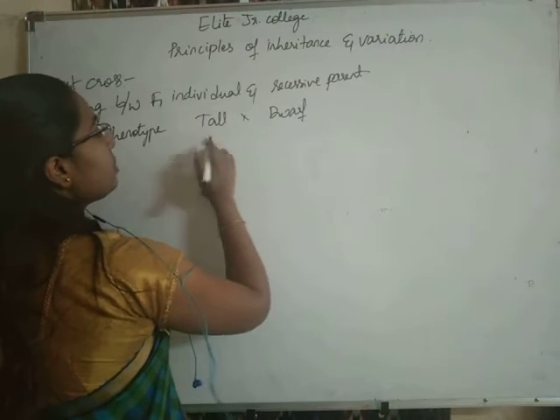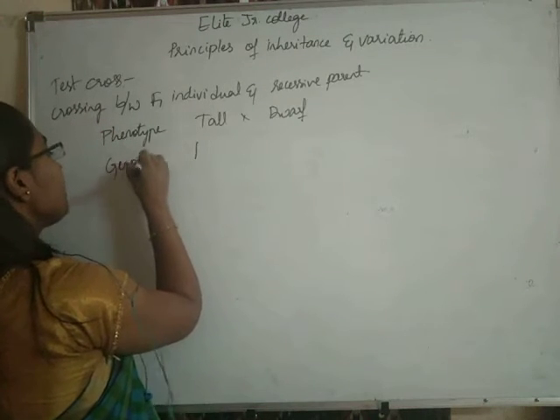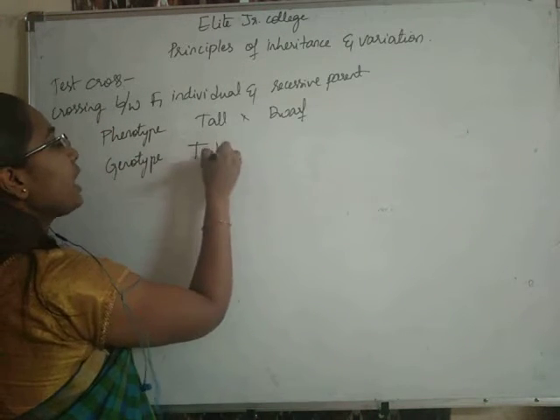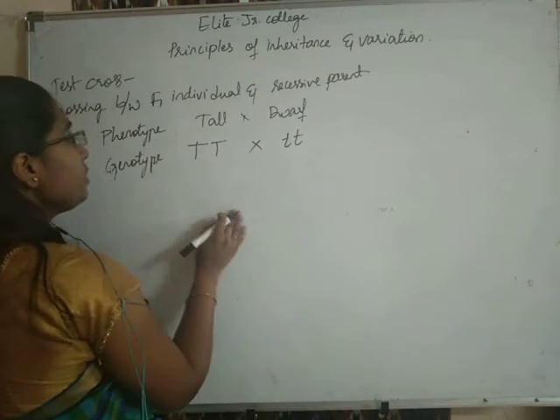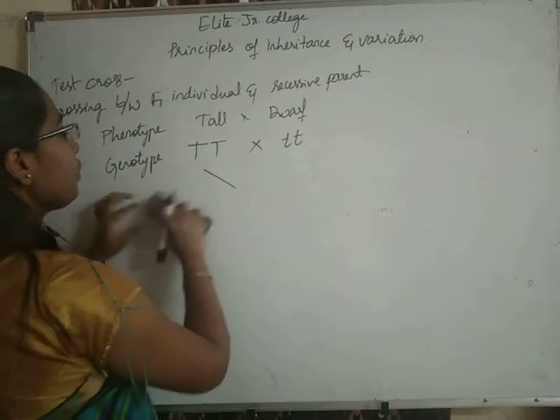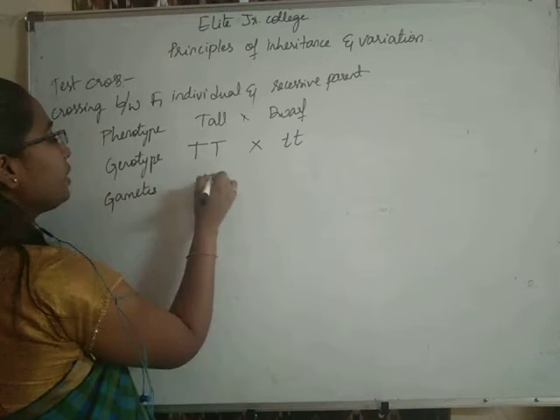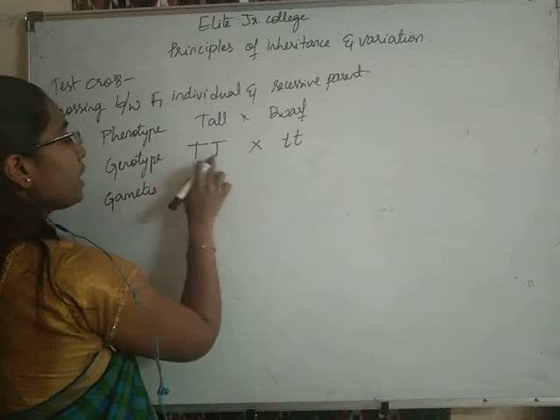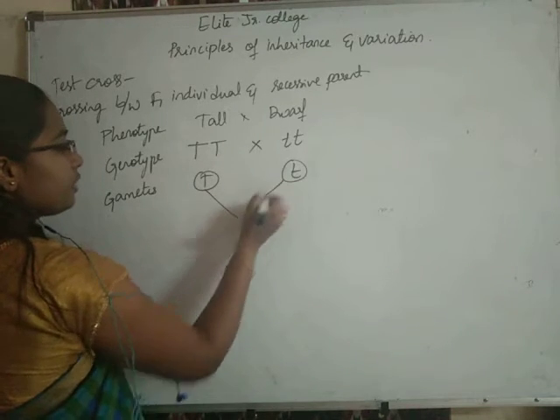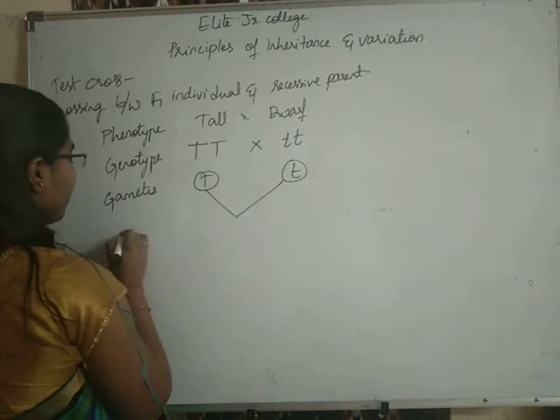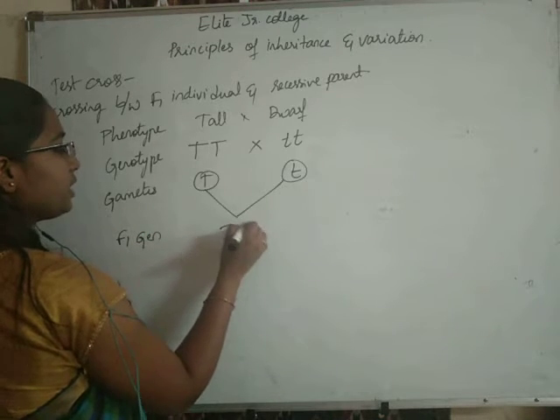It was already assumed that we have taken pure lines, so the genotypes of these plants will be capital T capital T for tall and small t small t for dwarf. The gametes formed are capital T from the tall individual and small t from the dwarf individual. Now these fuse together forming the F1 generation. The F1 individuals are going to be capital T small t.